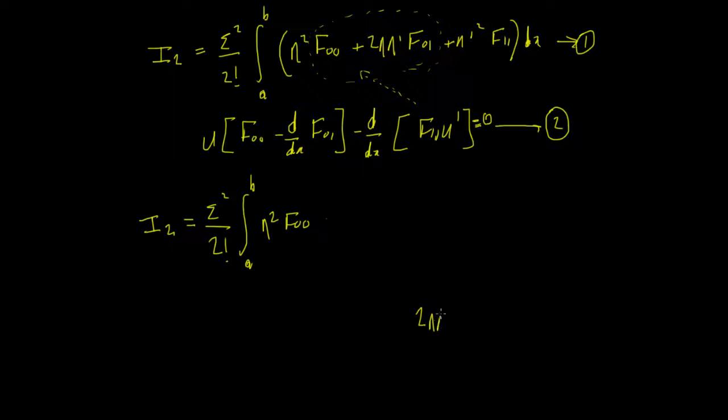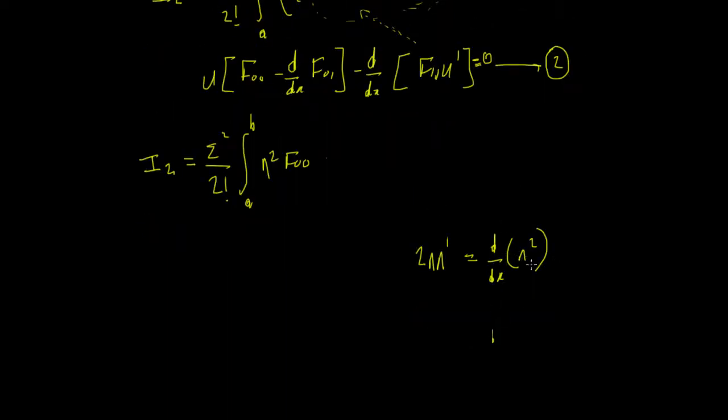Now the second term here, we know, because we've done it previously, that we can write 2 eta eta derivative as the same as saying d by dx of eta squared. We know that because if you differentiate that out, it's implicit differentiation, so you would have 2 eta times d eta by dx, which equals 2 eta eta derivative, which is what we've got there.